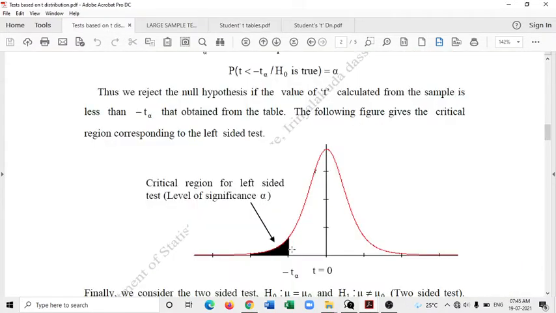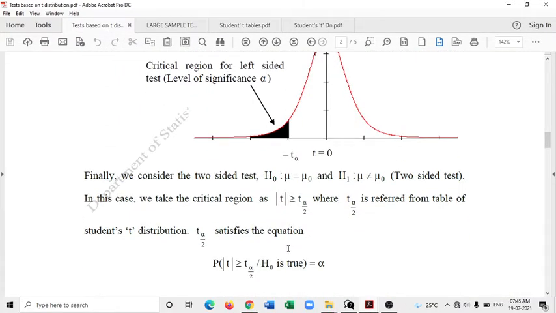Now the next is the student's t distribution testing for a mean having a specified value when the test is two-sided, that is H0 mu equal to mu 0 and H1 mu not equal to mu 0. Here the total significance level alpha will be shared between the left and right sides.